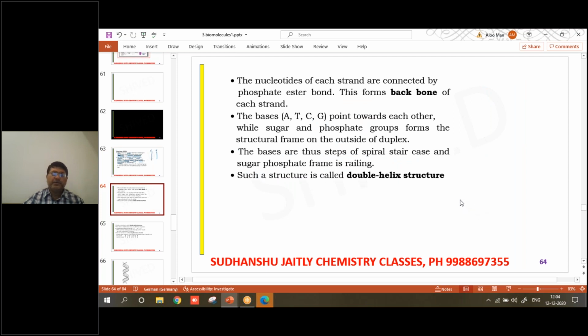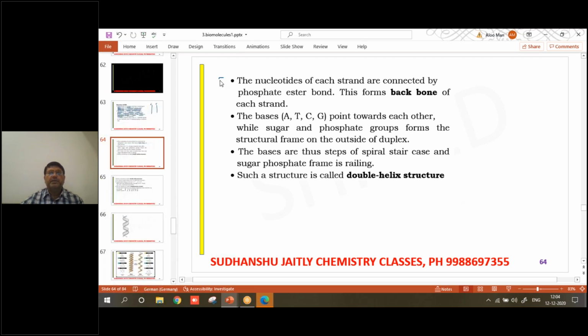This is more important for non-medical students, biology students already know that. So I'm repeatedly saying this word again and again, my dear friends. The nucleotides of each strand are connected by phosphate ester bonds. This forms the backbone of each strand, right?